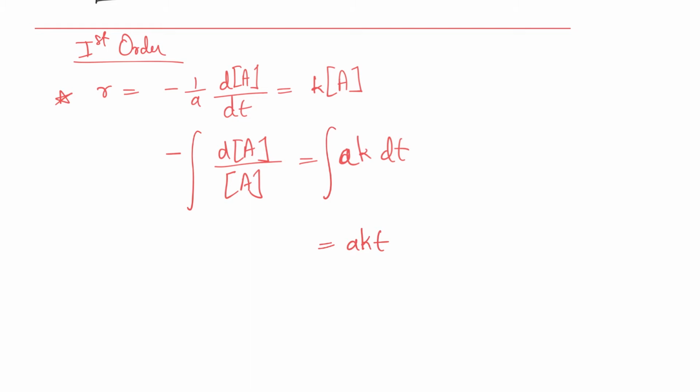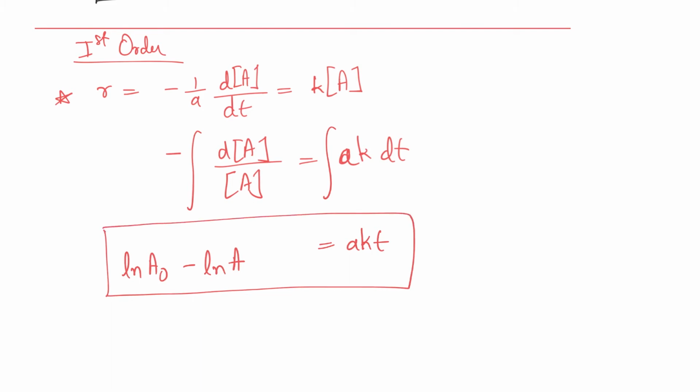You get, using the logarithm obviously, 1 upon A, the concentration of A, transforms to ln, that means logarithm. So ln A naught minus ln A equals aKt. Now remember, there's no negative sign here. That means I have already used that. Okay, so this is the rate equation for the first order.